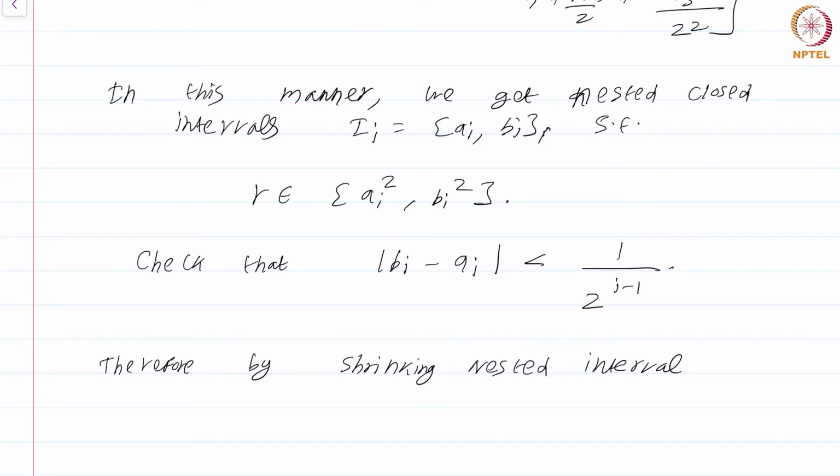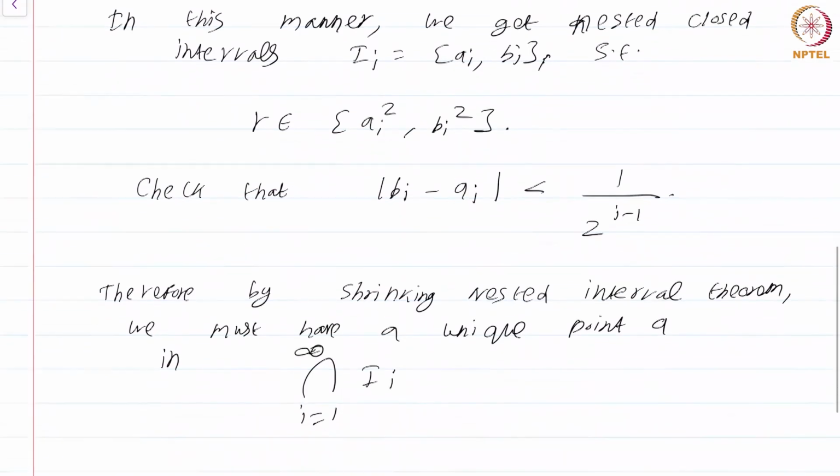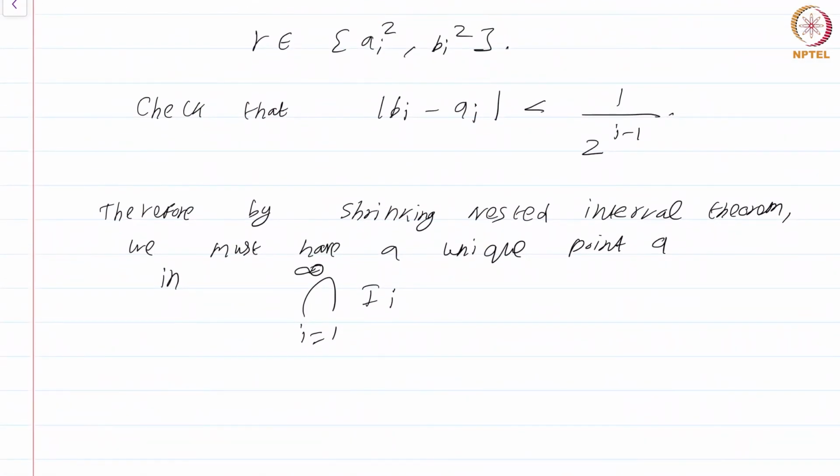Therefore, by the shrinking nested intervals theorem, we must have a unique point a in the intersection of the intervals Ii, i running from 1 to infinity. Okay, so we have got a unique point.